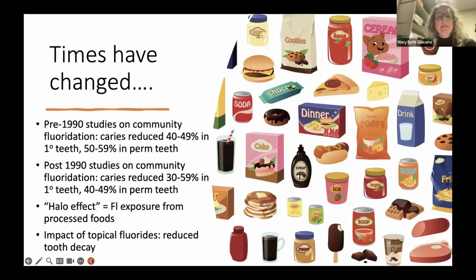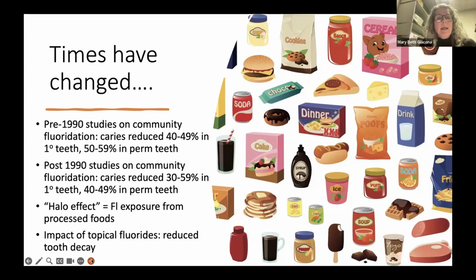After 1990, a lot of studies looking at the impact community fluoridation has on reducing caries find like 30% in primary teeth, 40% in permanent teeth. So there's still a reduction, but it's not as dramatic as it once was.